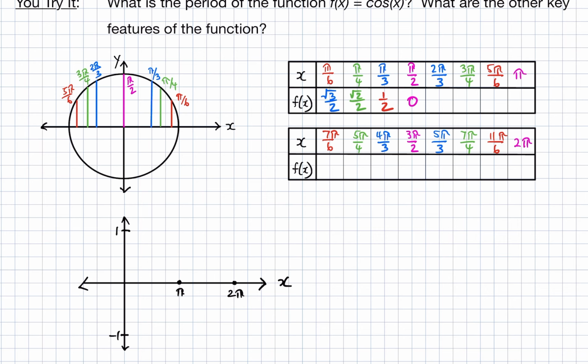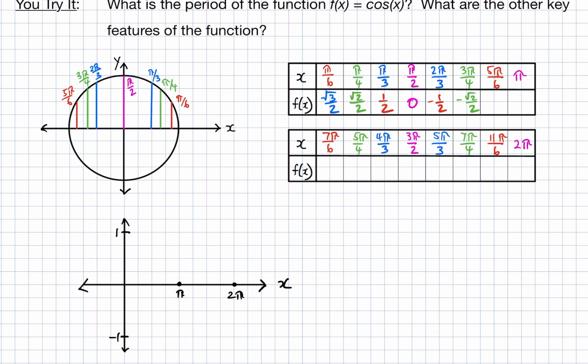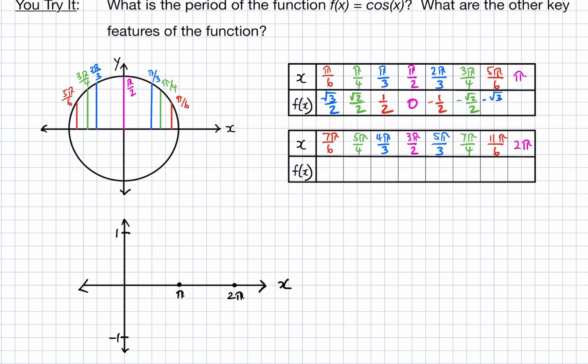The cosine of 2 pi over 3 is going to be negative 1/2, and then the cosine of 3 pi over 4 is going to be negative square root of 2 over 2, and then the cosine of 5 pi over 6 is going to be negative square root of 3 over 2. And then the cosine of pi is going to be 0.